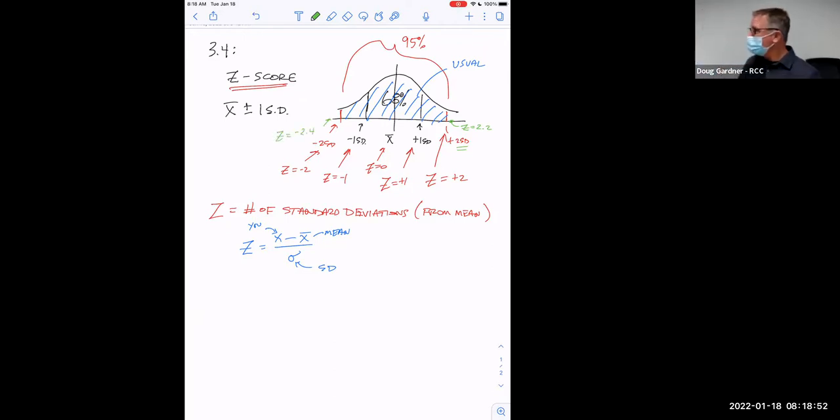That's still unusual because it's more than 2, but this time low. My cholesterol is unusually low. This is unusually high.